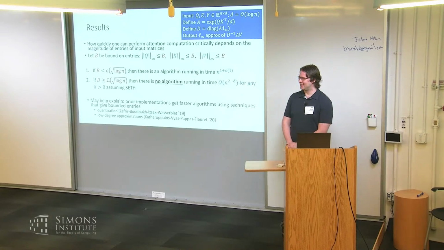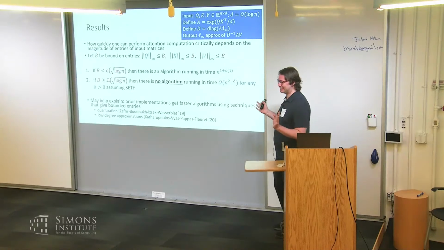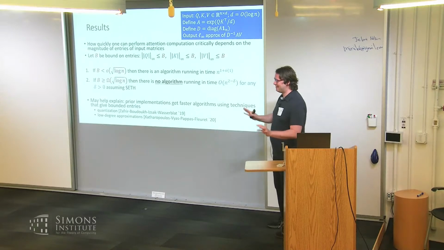Is the entry-wise approximation guarantee really important for applications, or how does it connect with the motivation? That's a great question. The short answer is I'm not really the best person to ask that.